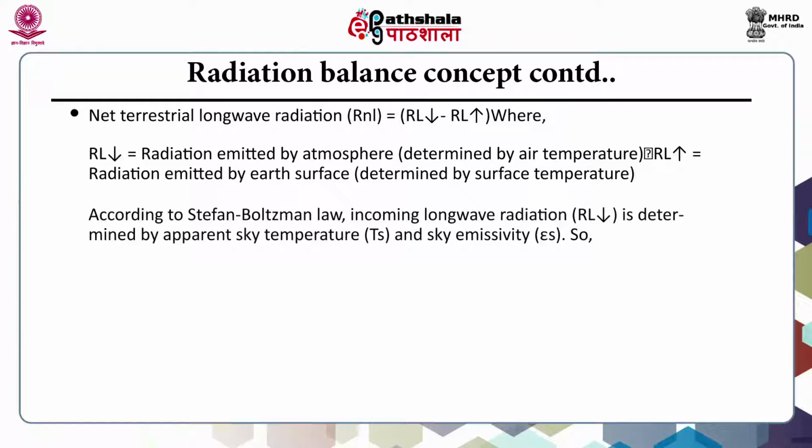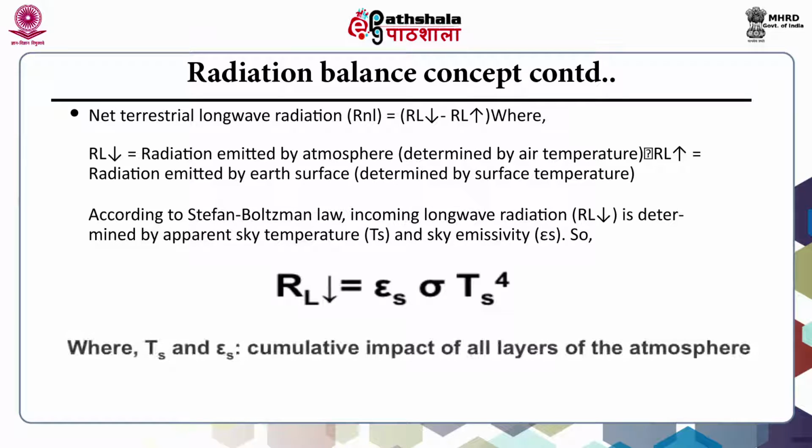According to the Stefan Boltzmann law, the RL down arrow is determined by the apparent sky temperature Ts and sky emissivity epsilon S. Therefore, the relation may be expressed as RL down arrow equal to epsilon S sigma Ts to the power 4, where Ts and epsilon S are the cumulative impact of all the layers of the atmosphere, dependent on cloud cover, humidity, temperature structure, and sigma is the Stefan Boltzmann constant.